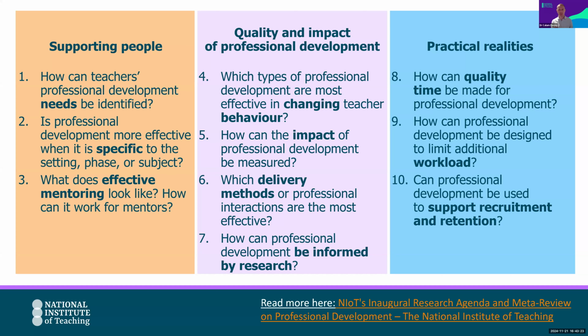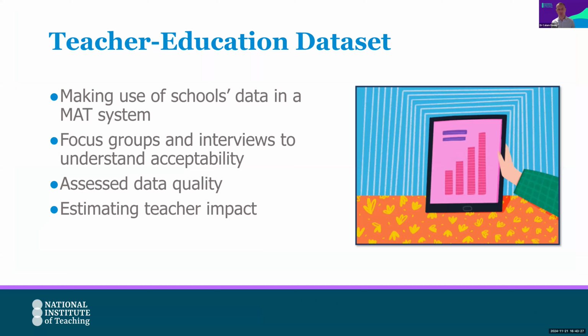Another project that we've been doing, next slide please, Ken, has been to the other end of the research process. So we've thought about what questions we're asking, and now we're also thinking about how we are answering the questions. One of the features of the multi-academy trust system in England is that they often collect data from children on a systematic level across all of the schools within the multi-academy trust.